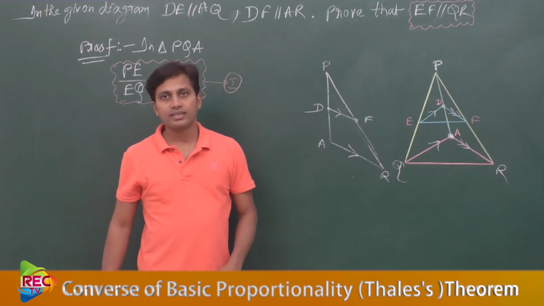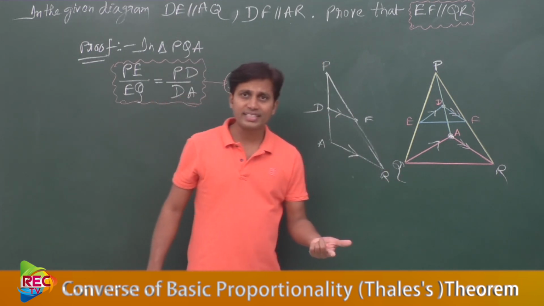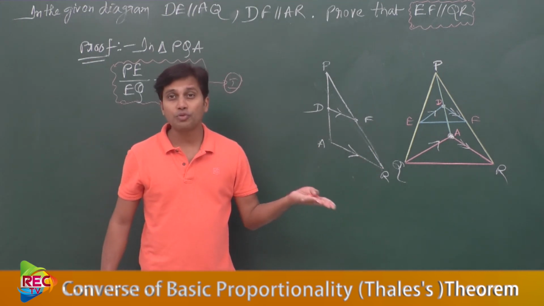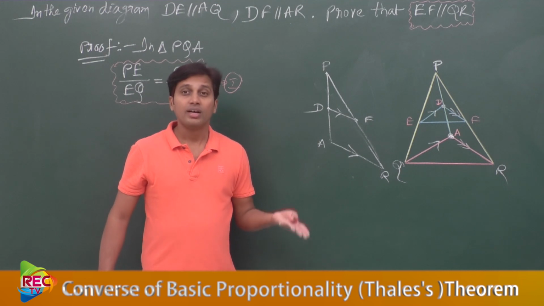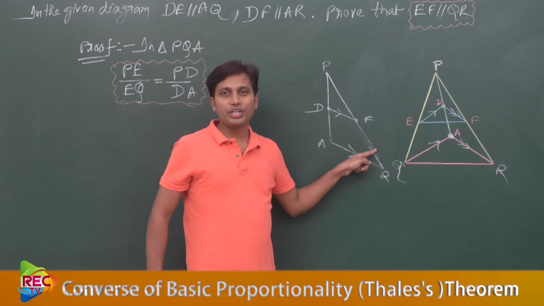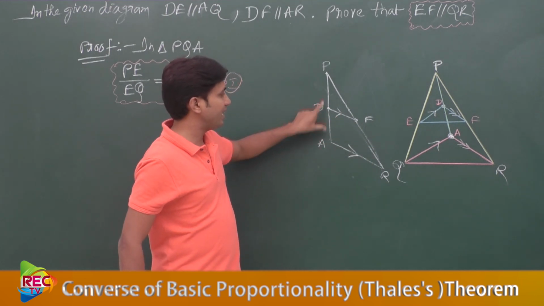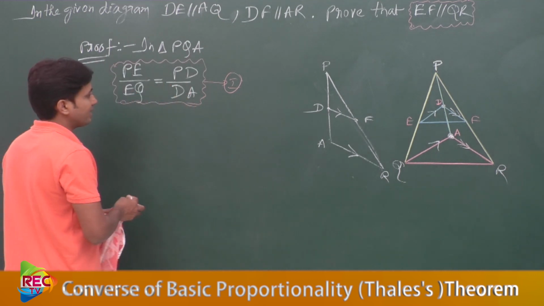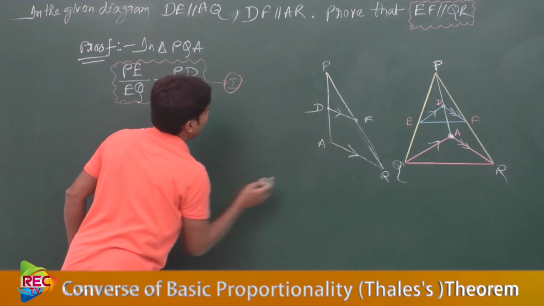So if a line intersects two different sides of a triangle and is drawn parallel to the third side, then it divides the remaining two sides in the same ratio. Therefore PD by DA equals PF by FR.